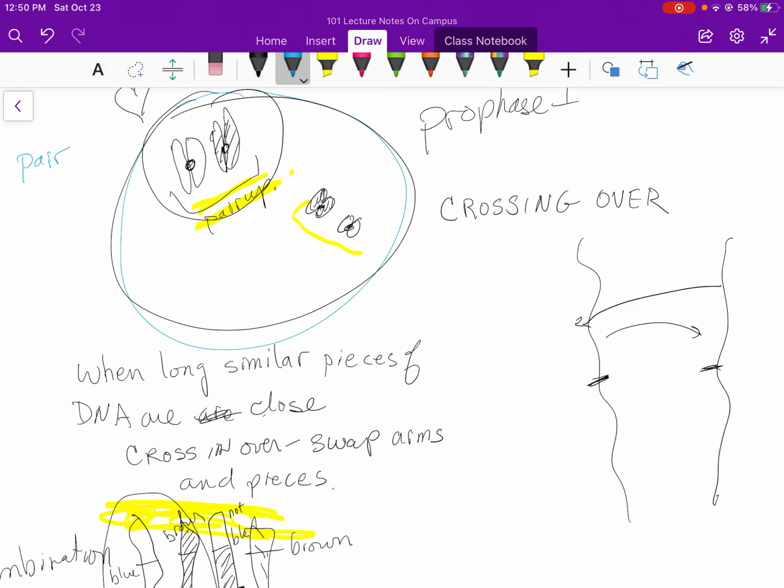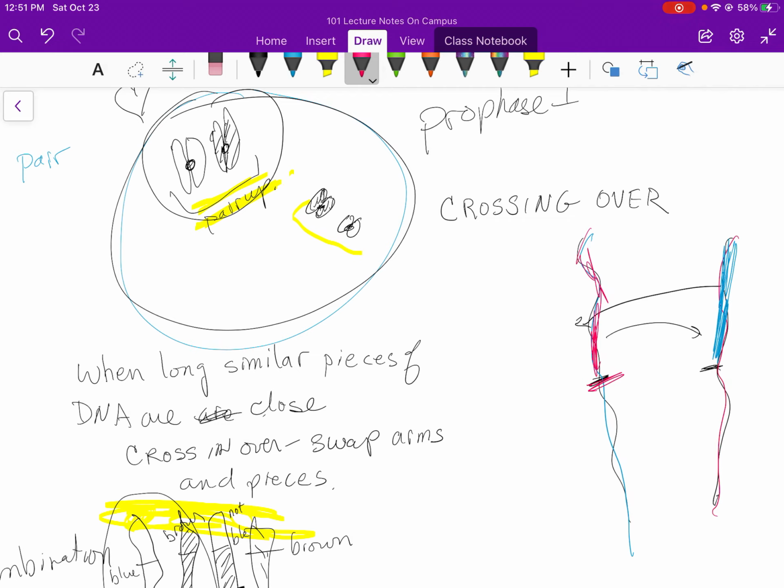So for example, if this left-hand chromosome is the blue chromosome like this, and then I have a red chromosome over here, and they break at this point, when they get reattached, the blue one ends up being on this side with the red rest of the chromosome, and the red one ends up being on this side with the blue rest of the chromosome.